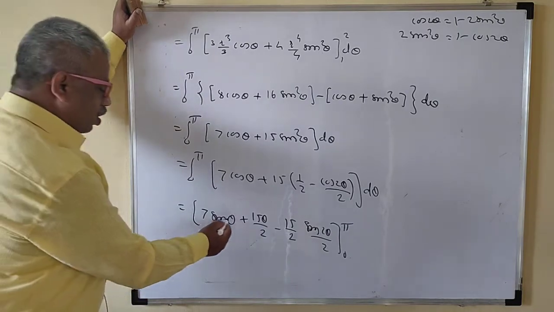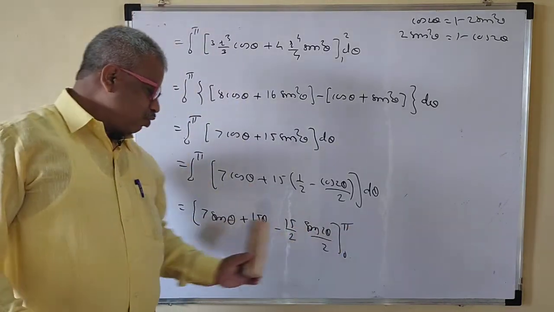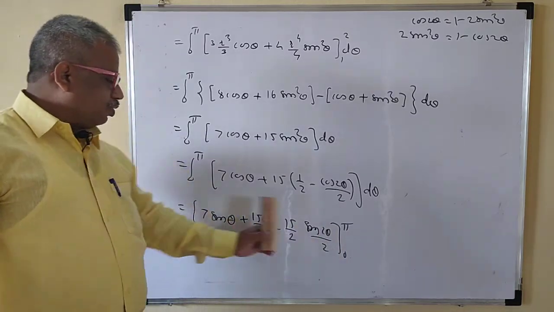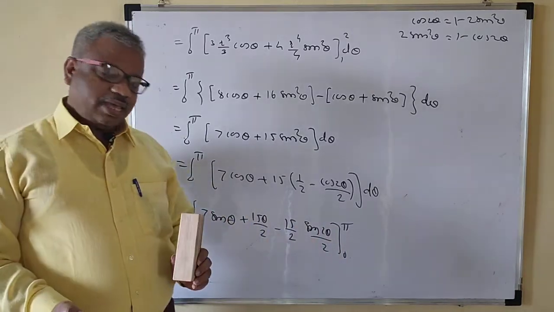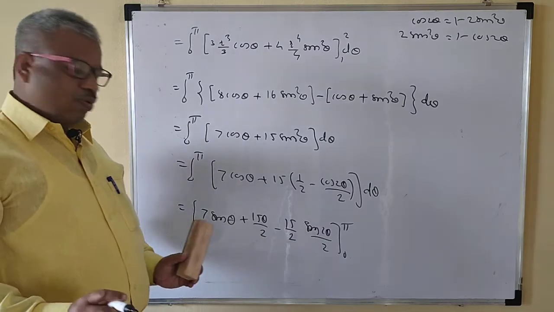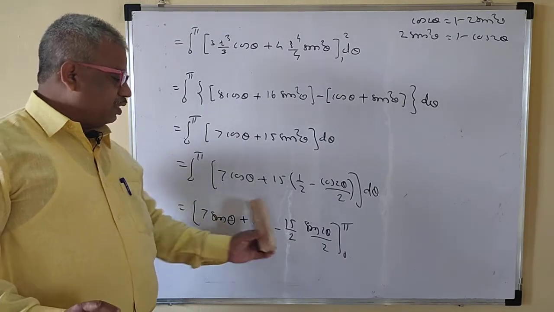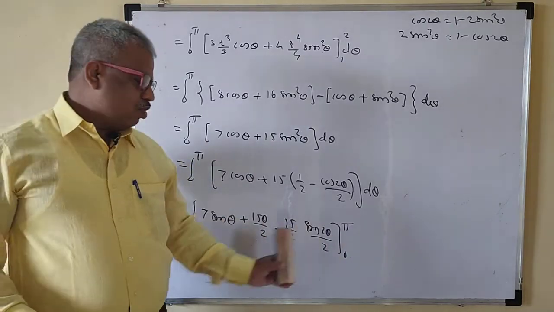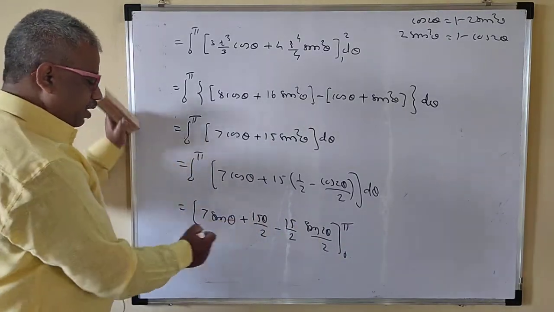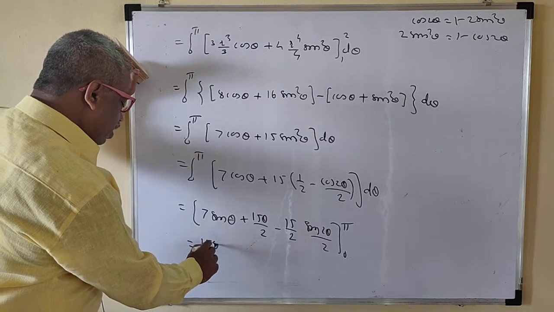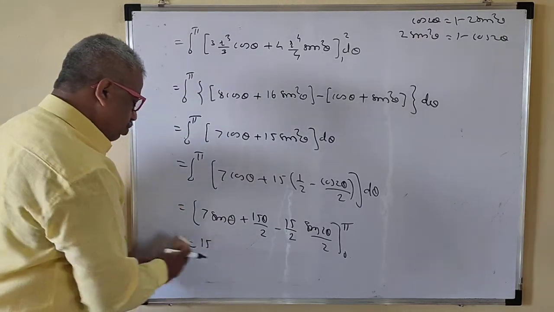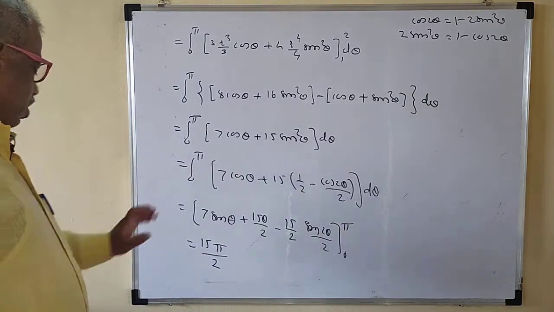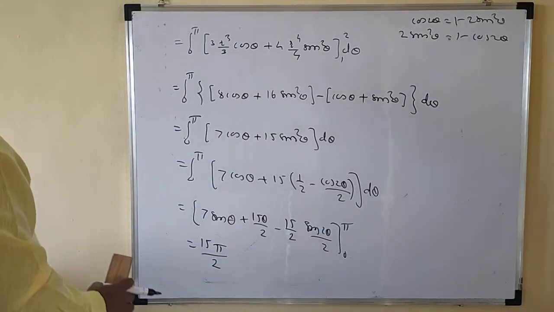If you put theta equal to pi, the sine terms are 0, because sin pi, sin 2 pi, sin 3 pi, sin 4 pi are all 0. If you put the lower limit 0, both are also 0. Only the upper limit of 15 theta by 2 remains, which is 15 pi by 2. So this is the correct answer: 15 pi by 2 is your required answer.